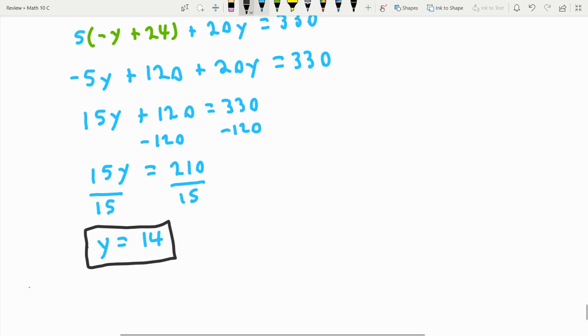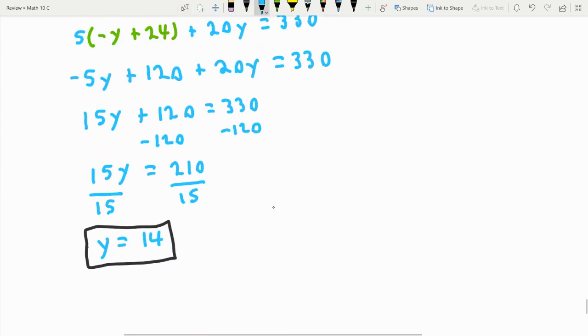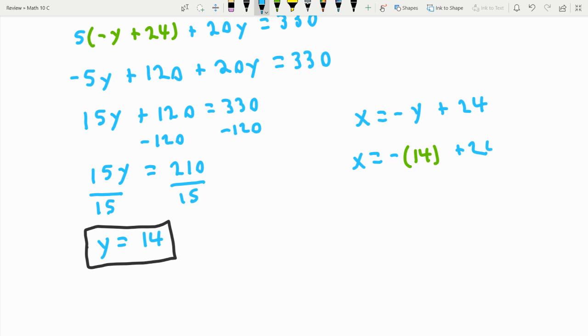Okay, now let's look for x. I'll go back up here. We can use our manipulated equation 2: x equals negative y plus 24. Let's plug in our value of y. So x equals negative 14 plus 24.